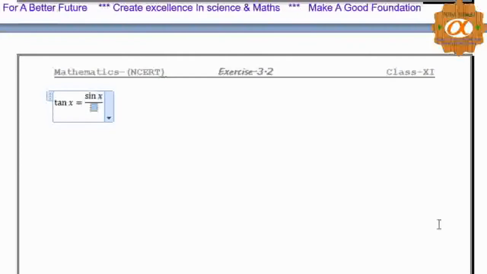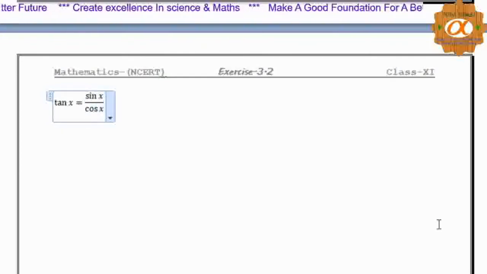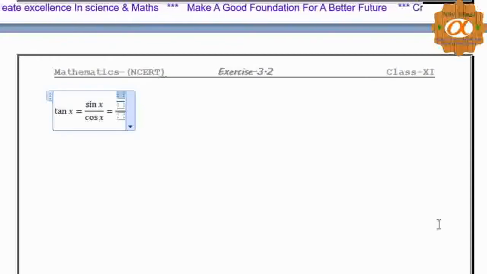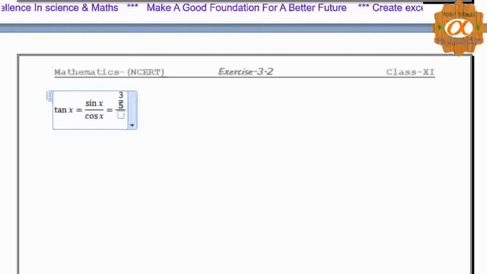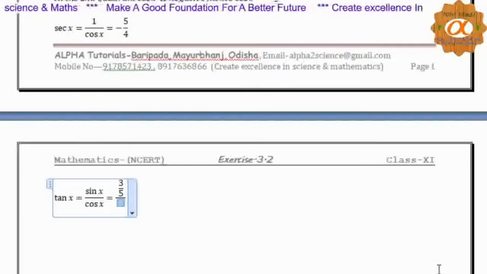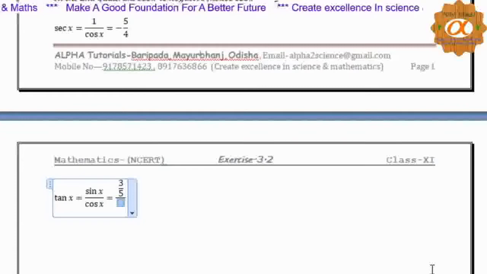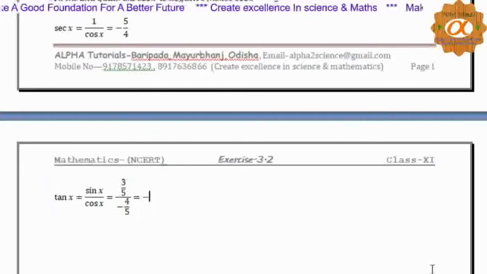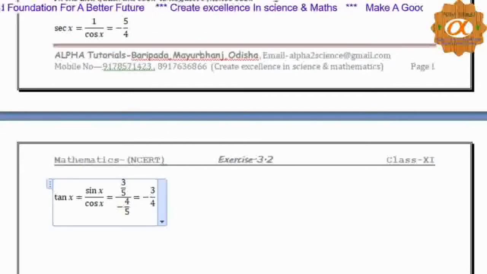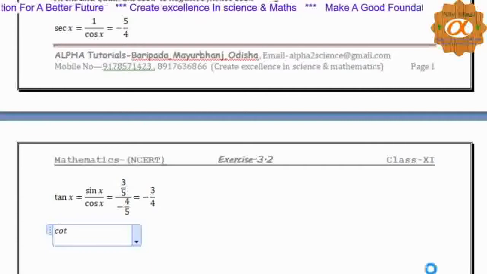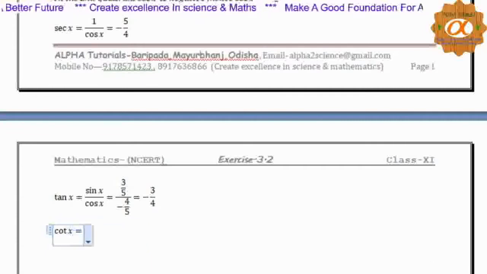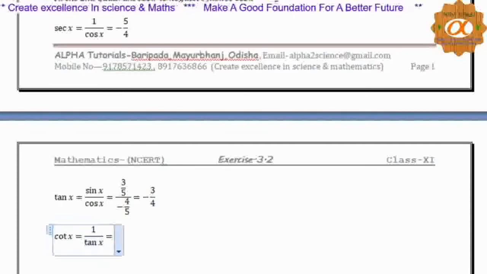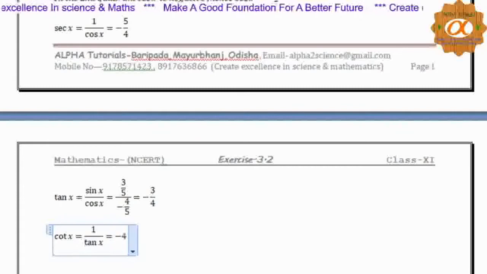Again, sin x by cos x, and the value of sin x is given as 3 by 5, and the value of cos x that we have calculated here is minus 4 by 5. The 5 cancels out, its value comes out to minus 3 by 4, that is tan x. That implies cot x is equal to the reciprocal 1 by tan x, its value comes out minus 4 by 3.